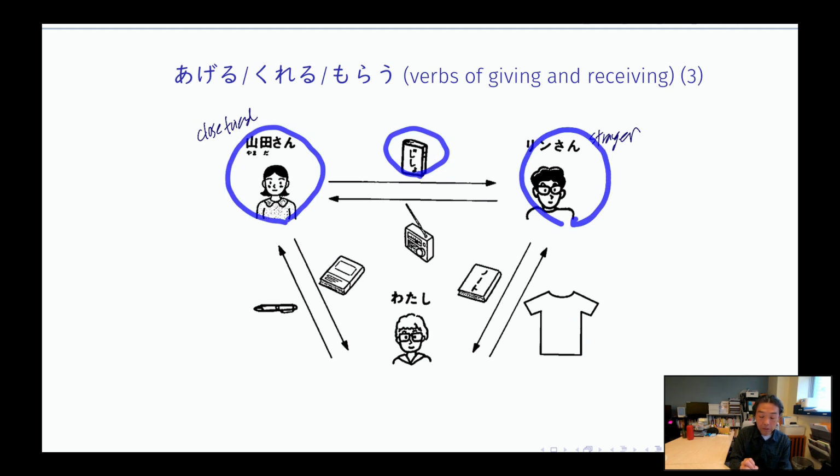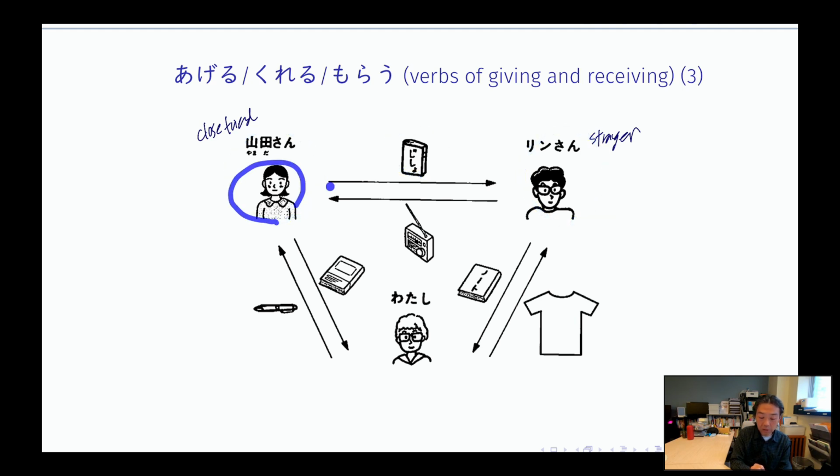Since Yamada-san is closer to you, this transaction is outwards, right? It's going from in-group to out-group, which is Lin-san. So we say 山田さんはLin-さんに辞書をあげる。Okay?